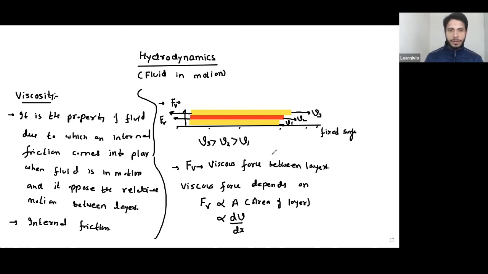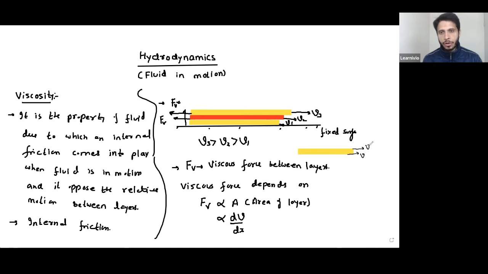See, what is dV over dx? I should draw two layers to explain this. So this is one layer, one thick layer. The liquid molecules at the top of the layer and at the bottom of the layer have different velocities. Let's say the velocity of the bottom one is v.